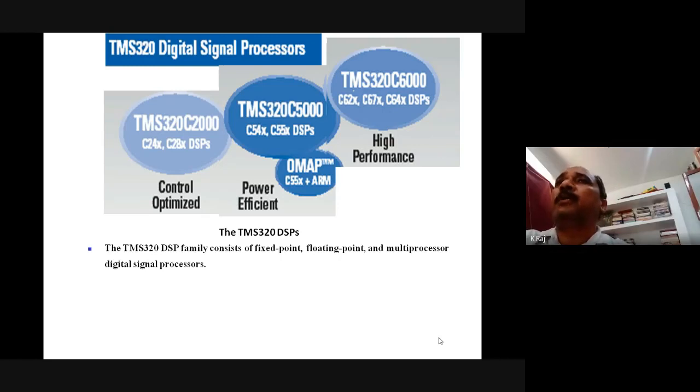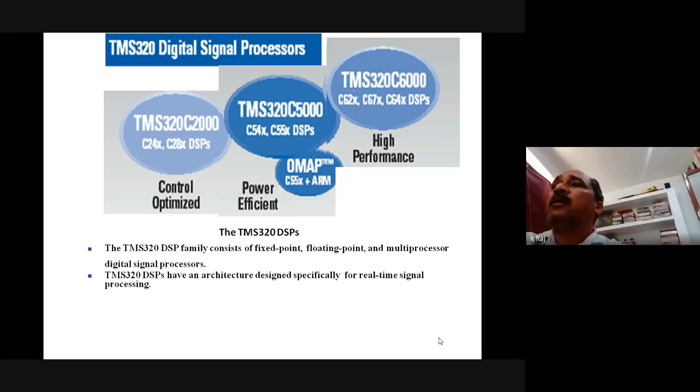This family consists of fixed point as well as floating point and multiprocessor digital signal processors. The second feature is that this family has an architecture designed specifically for real-time signal processing.